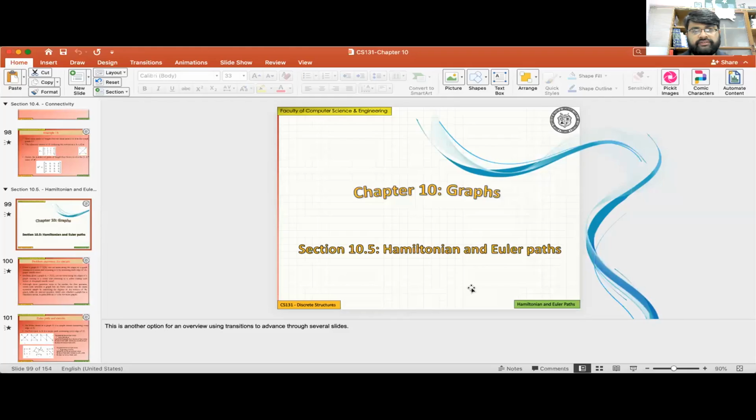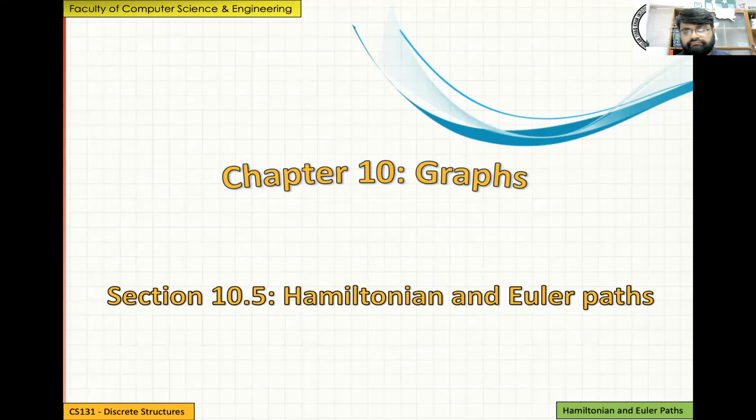So let's start with section 10.5, and I'm going to share the screen with the PowerPoint slides. And here we can then discuss the various things about Hamilton and Euler paths.